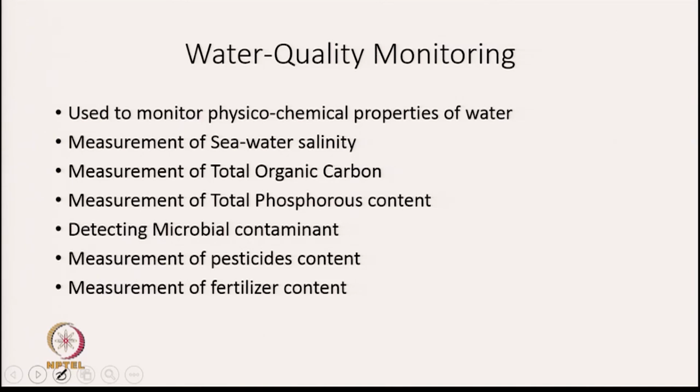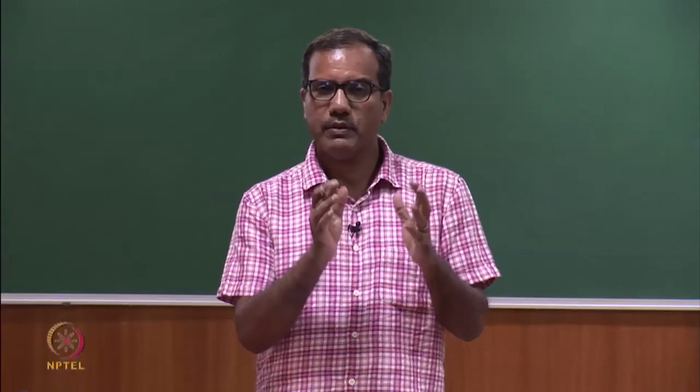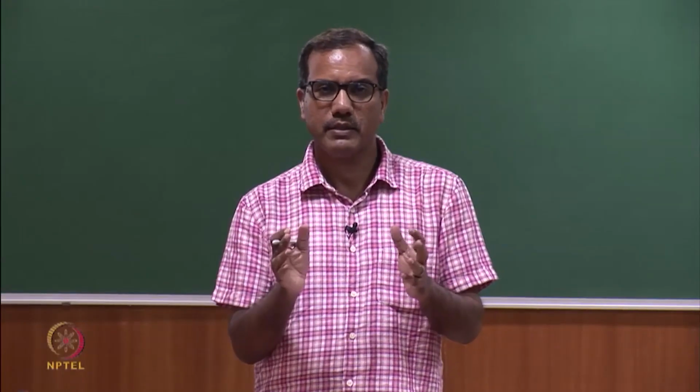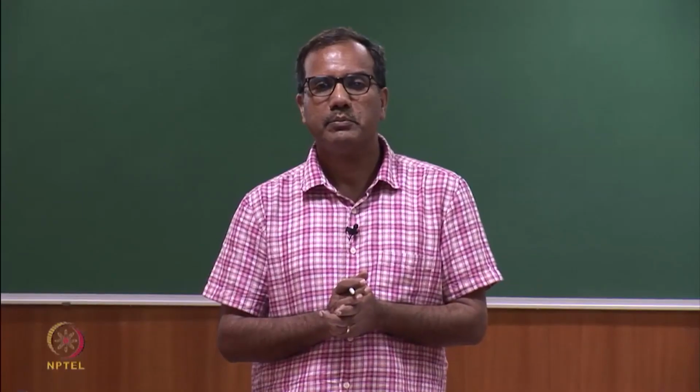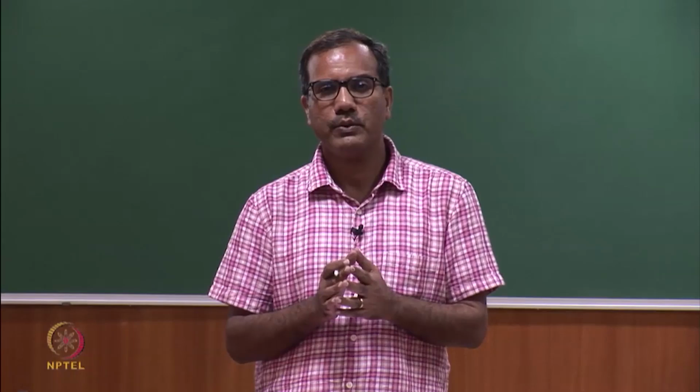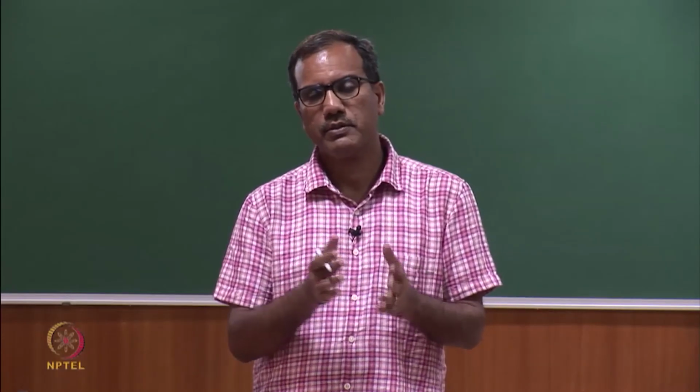It can tell you the amount of pesticides in the water sample, and it can also be used for measurement of fertilizer content. These are the examples where we can use FTIR, and you can see that there is a wide range of applications of FTIR. FTIR can also tell you about the principles of FTIR.